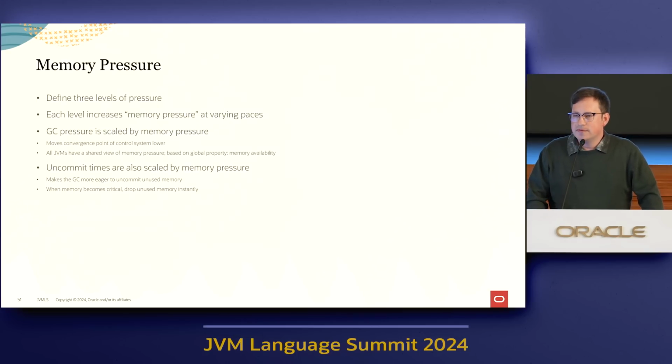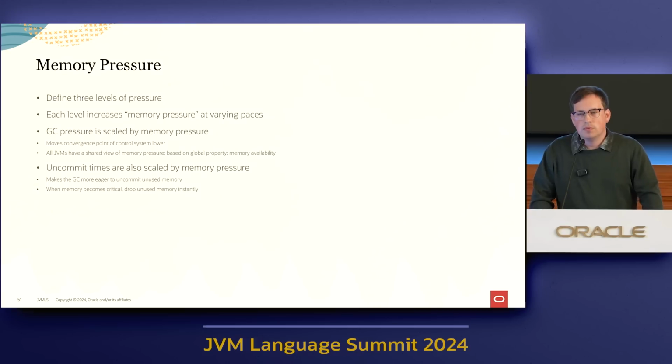And another benefit of this is that all the JVMs running concurrently have a shared view of what the memory pressure is. This allows them to coordinate actions with each other without having a global coordinator. Instead, they will all see that the pressure has increased and they will all pay their share of extra GC tax to get the heap size down.